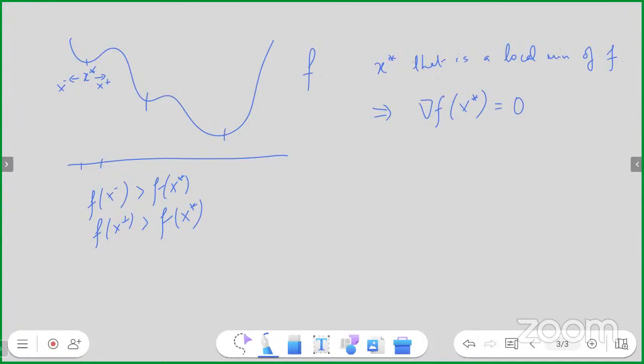You really have one thing to do. I want to prove something in terms of the gradient. What connects the gradient with the function? You really have one thing. What's a universal fact we know which relates the function values to the gradient? Line joining what? X star and X minus or X plus.